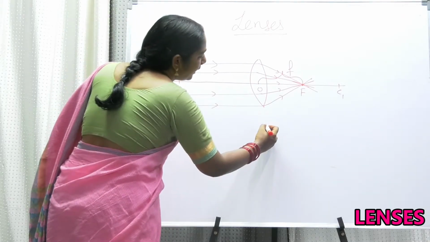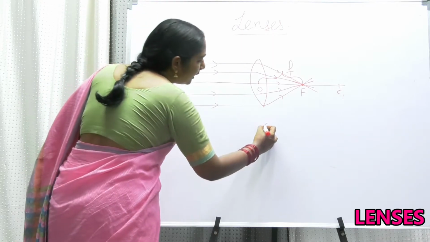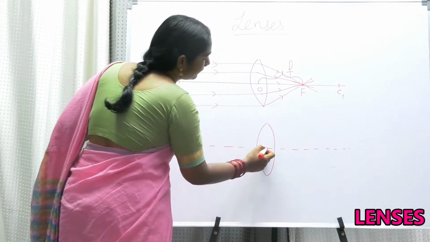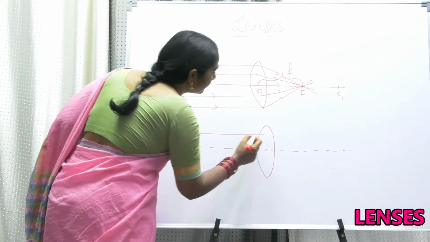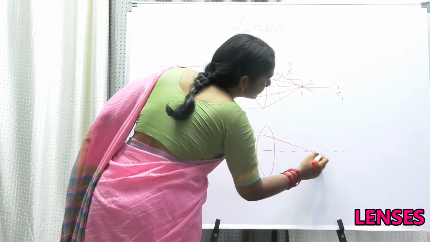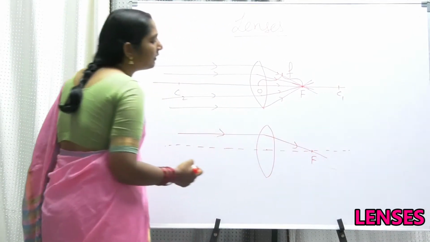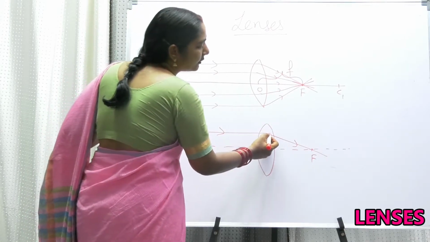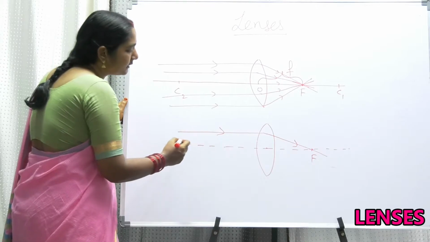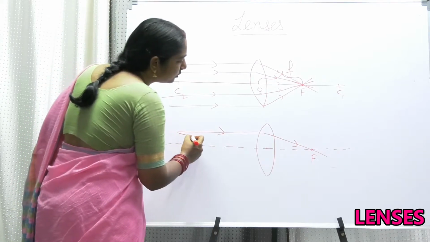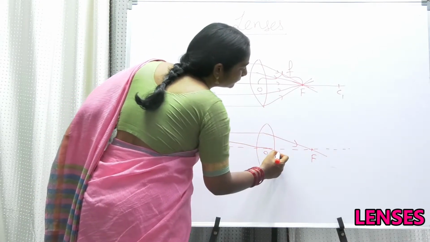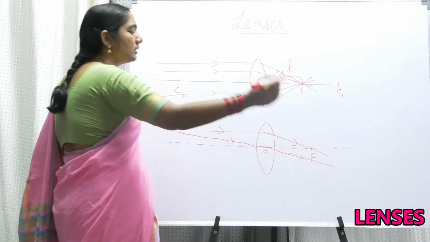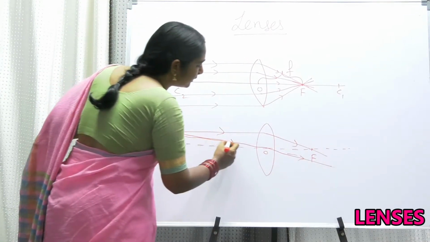And according to the ray rules, if you take a convex lens and a ray passing through the optical center, it doesn't take any bend but goes straight. It goes in a straight line.